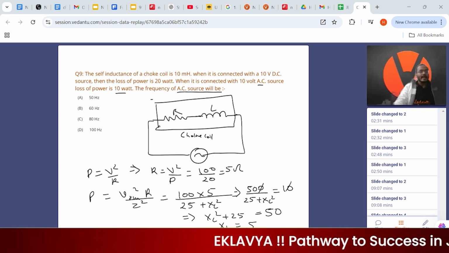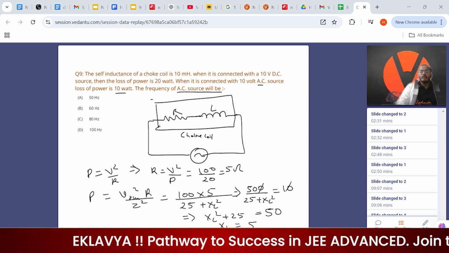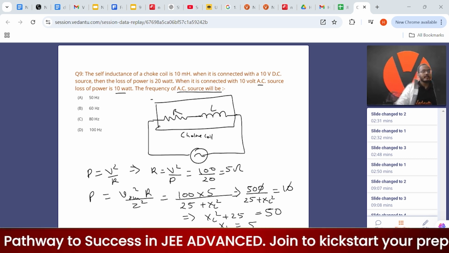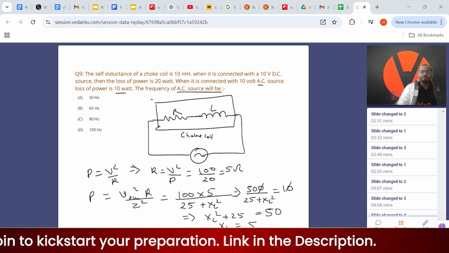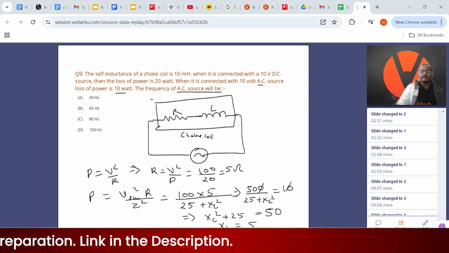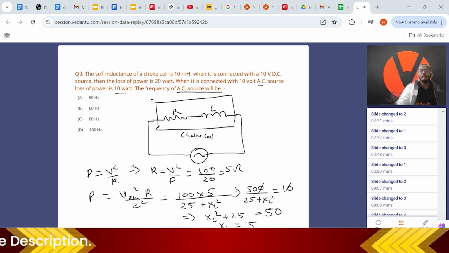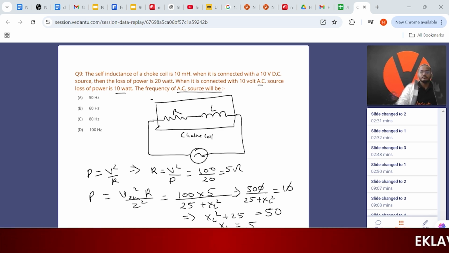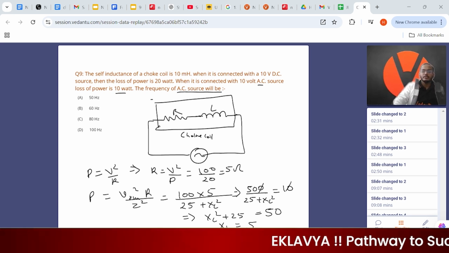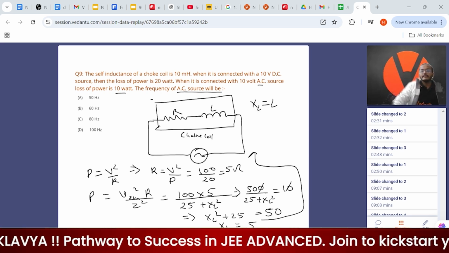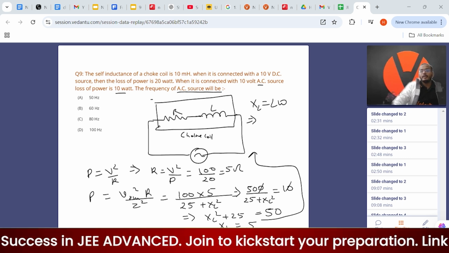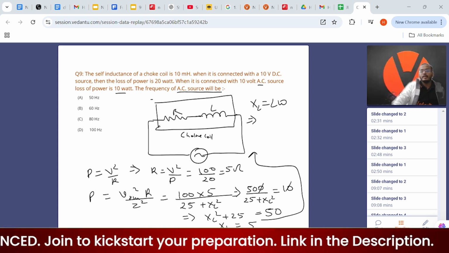Now I know that XL is 5 ohm. Now I know the formula of XL, right? XL will be equal to Lω. What do we need to find here? We just need to find frequency. So you know that XL is equal to Lω. Omega is 2πf.